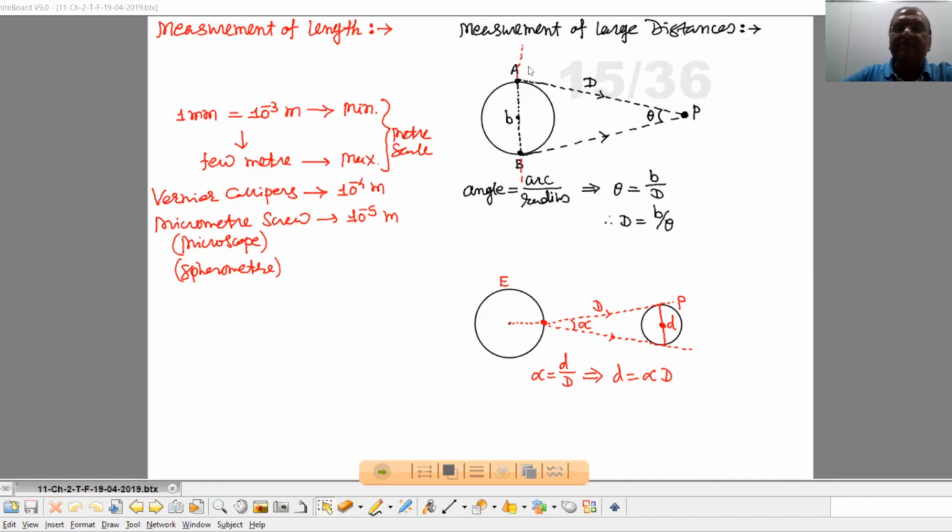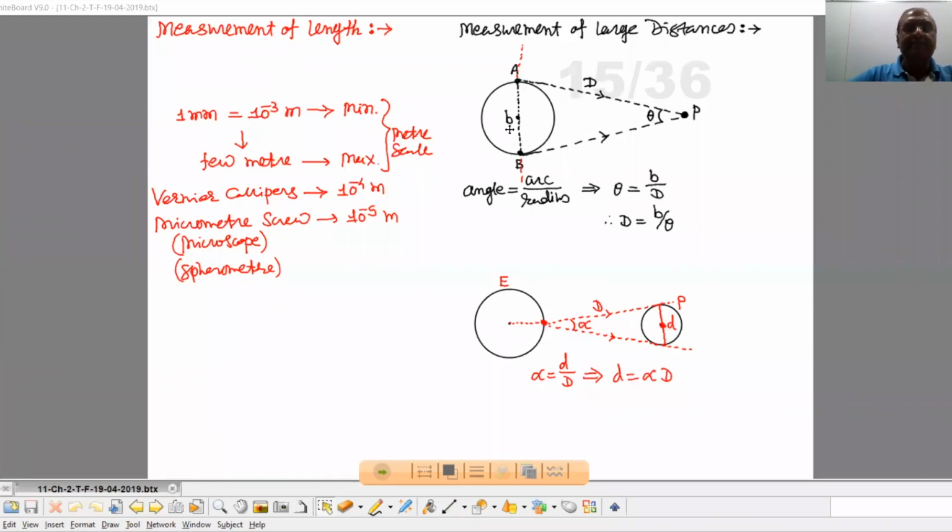See here in the figure, one position at the surface of the earth is A, and one direction fixed is the AP direction. Then another point at the surface of the earth is fixed, that is B, and another direction up to the planet is fixed, that is BP.